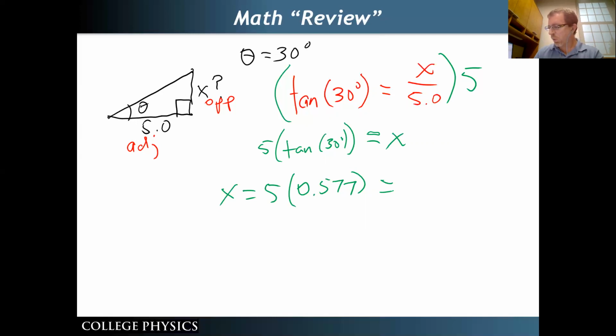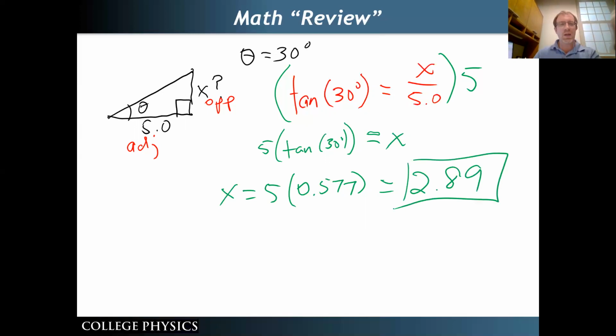If I multiply that by 5, I get 2.89. And that's my value for x. If I'm going to be picky about significant figures, I should probably just write 2.9. I'm honestly not all that picky about significant figures for the most part in this class, though we do go over it in the first chapter.